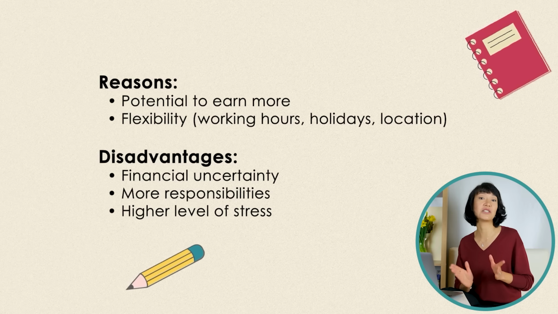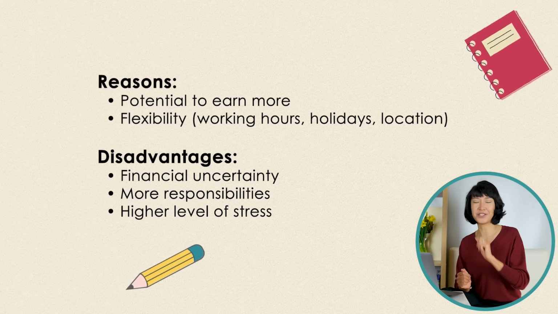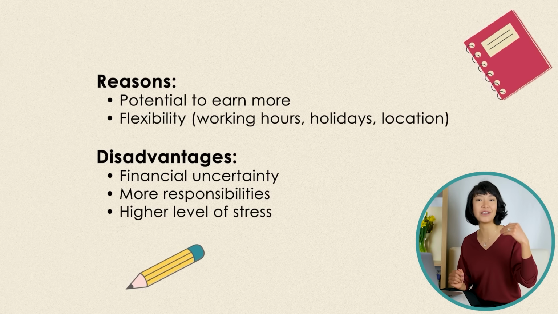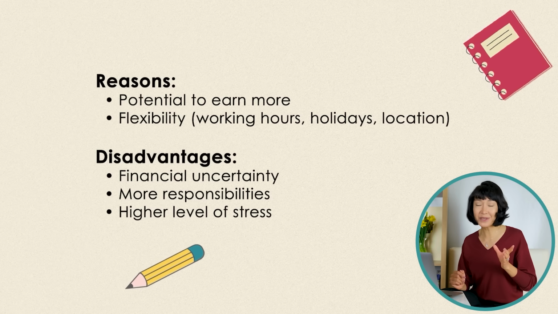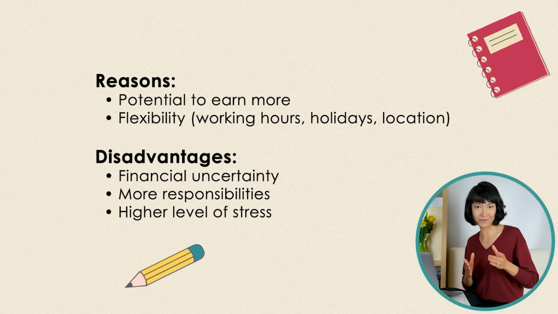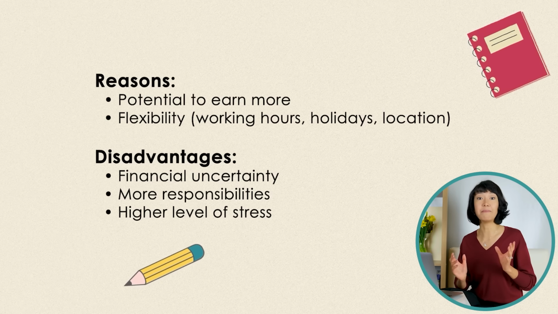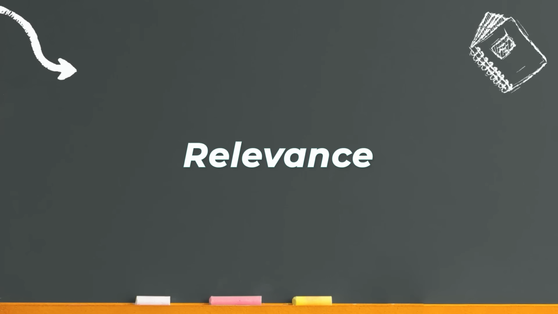We see just 2 reasons why. That's enough. 3 disadvantages are mentioned, yes, but notice how the first 2 are linked to the third. Both financial issues and added responsibilities can lead to stress. In other words, keep it relatively simple, but make meaningful connections. Relevance is a big part of your score. You need to answer the question.